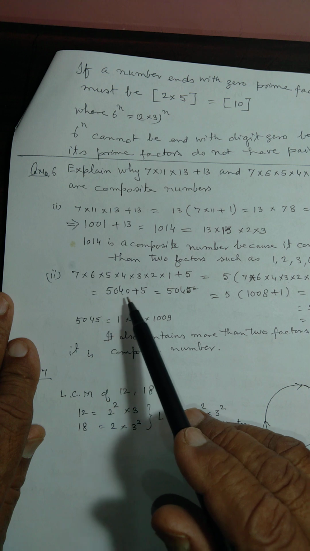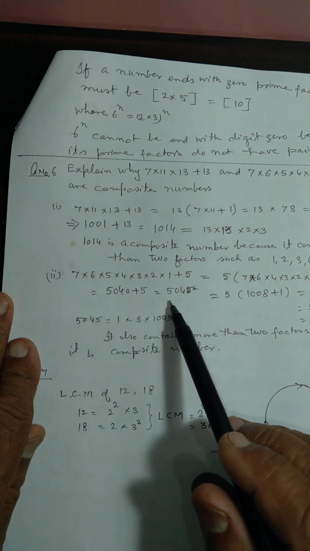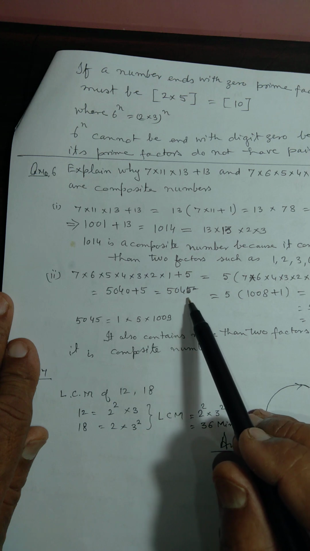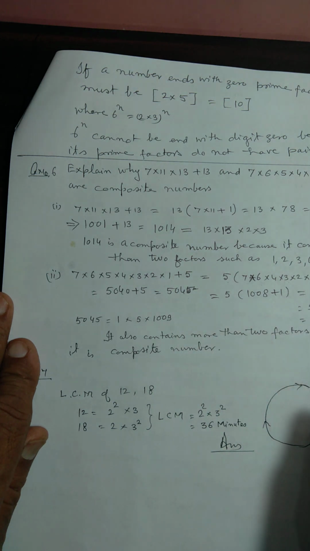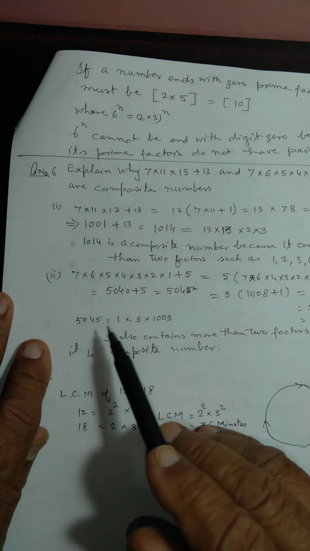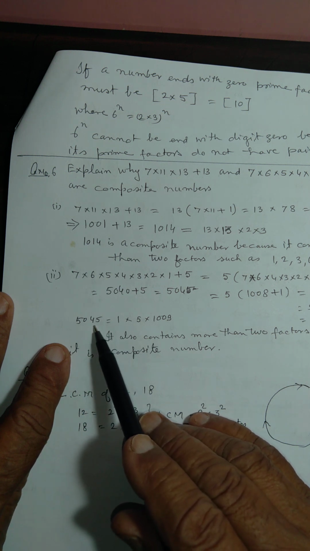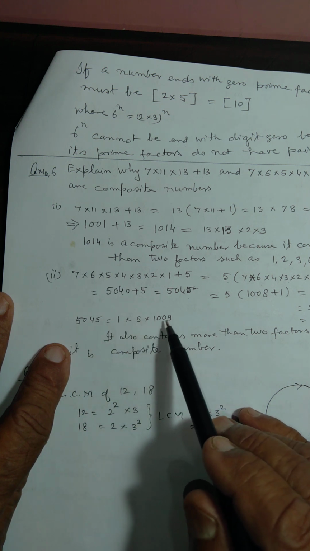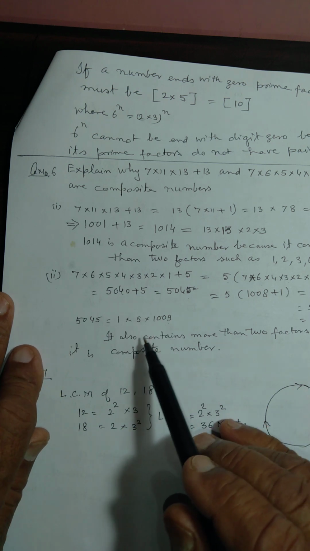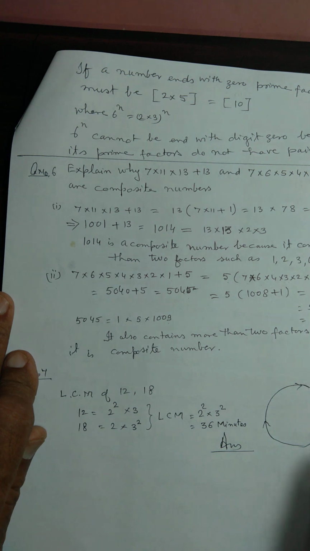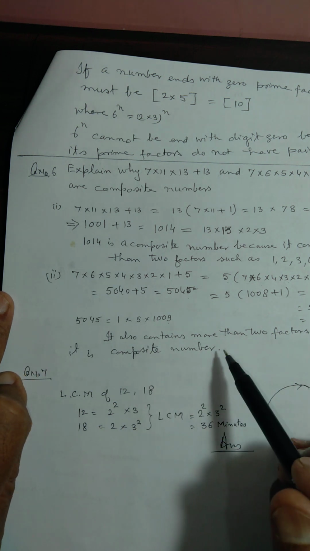On this side, if you solve it, you will get the number 5045. And I have written the factors like this: 5045 will be equal to 1 into 5 into 1009. It also contains more than 2 factors. Therefore, it is a composite number.